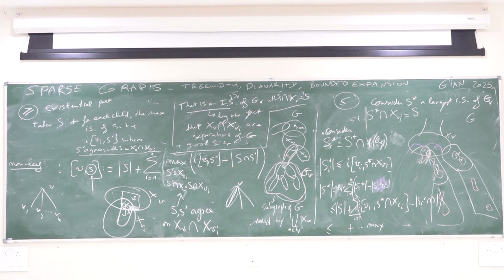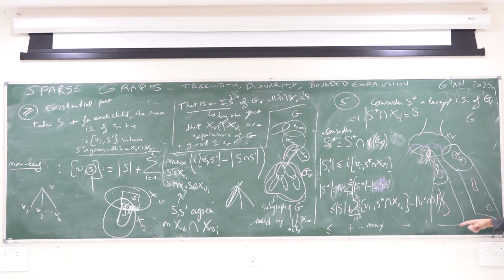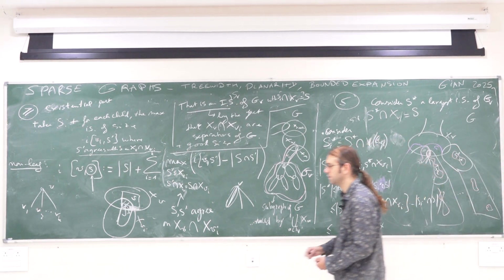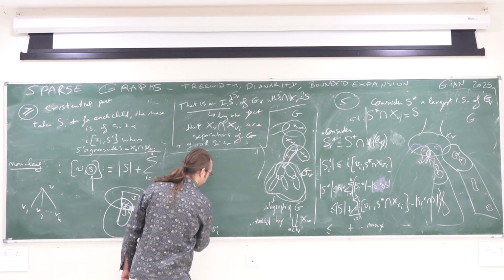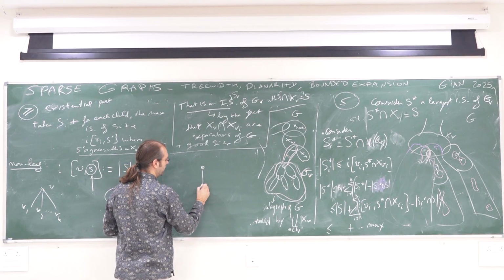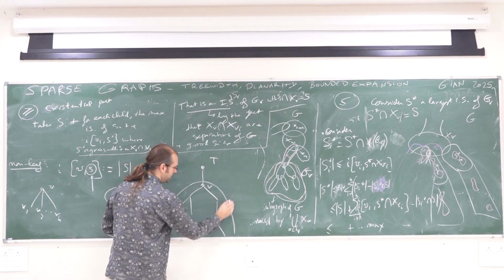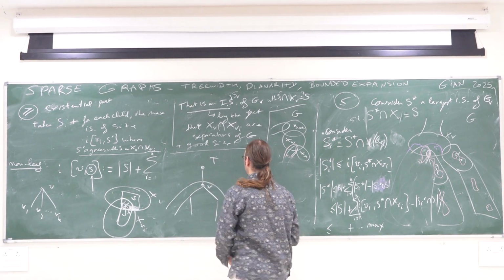Any questions for this? So actually, can you please define once more GV? Okay, so GV is the subgraph of my G induced by the set of vertices, which is the union of all the bags in this part of the tree. Let's have the picture. So you always have to remember this picture, right? That you have your tree decomposition on one side. I said that this is TV, the subtree rooted at V. So on the graph side, it looks like this.